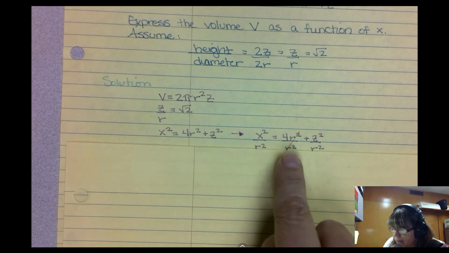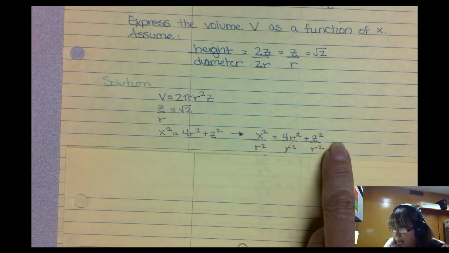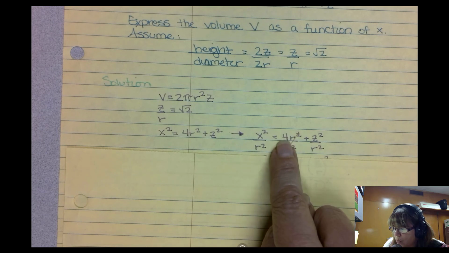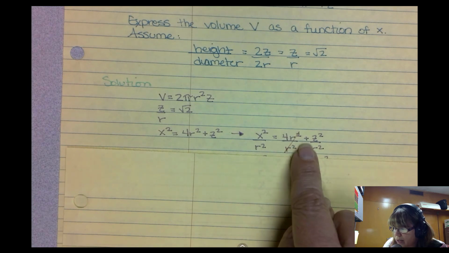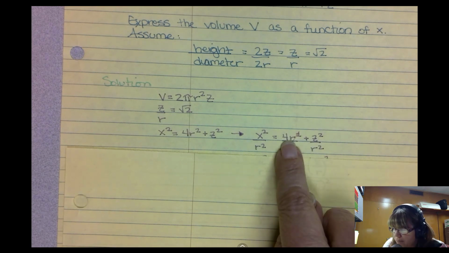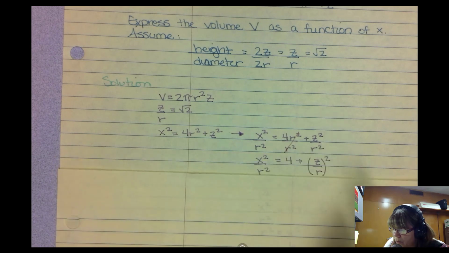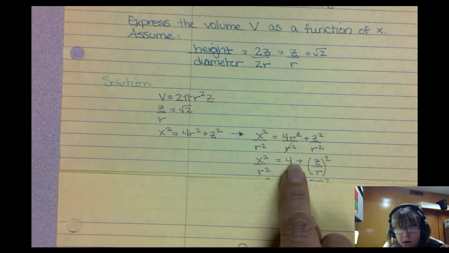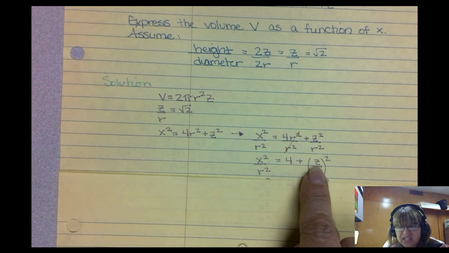Well, let's go ahead and divide everything by r squared. We get x squared over r squared equals 4r squared over r squared plus z squared over r squared. Now the r squareds disappear on the 4, so we get x squared over r squared equals 4 plus, well, that's z over r all squared.